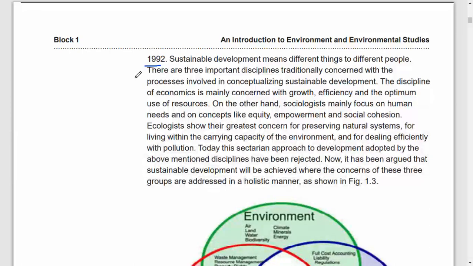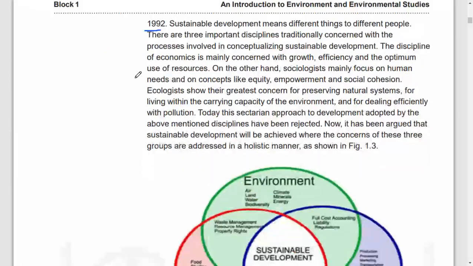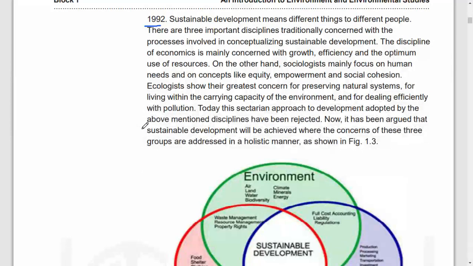Ecologists show their greatest concern for preserving natural systems, for living within the carrying capacity of the environment, and for dealing efficiently with pollution. Today, this sectarian approach to development adopted by these disciplines has been rejected. Now, it has been argued that sustainable development will be achieved where the concerns of these three groups are addressed in a holistic manner, as shown in Figure 1.3.